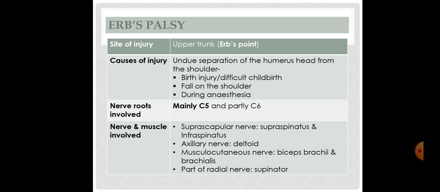Then biceps brachii and brachialis cause flexion of the forearm, so they will be paralyzed and the forearm will be extended. And last, no supination will occur, so the forearm will be pronated. So the deformity in the forearm will be extended and pronated. This is the deformity in Erb's palsy: the arm will be adducted, medially rotated, and the forearm will be extended and pronated.